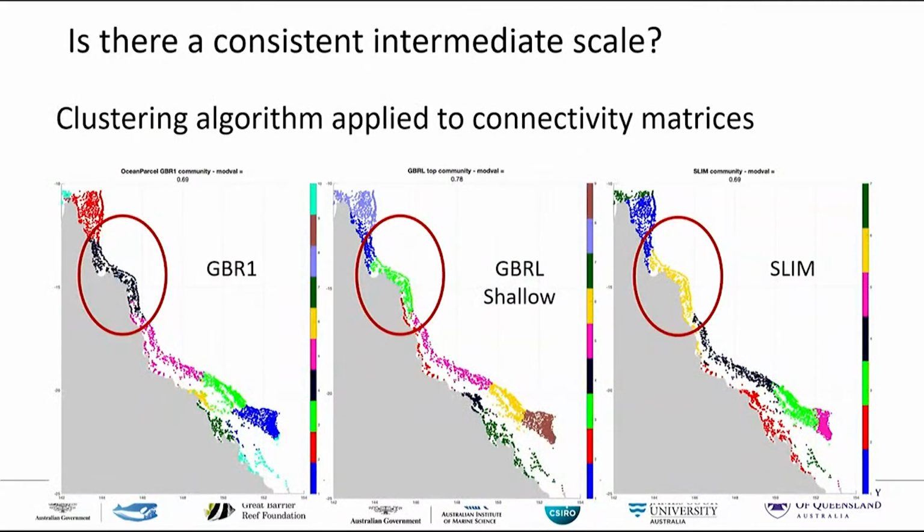However, if we step back and we look at this matrix and we say, okay, so maybe we don't have that much agreement at reef scale, but if we start looking at what reefs are actually really connected to each other, can we actually find a different way of looking at the reef that could be maybe more beneficial for management?